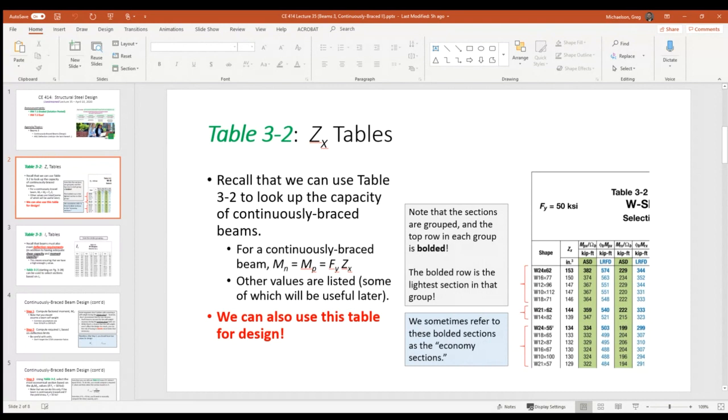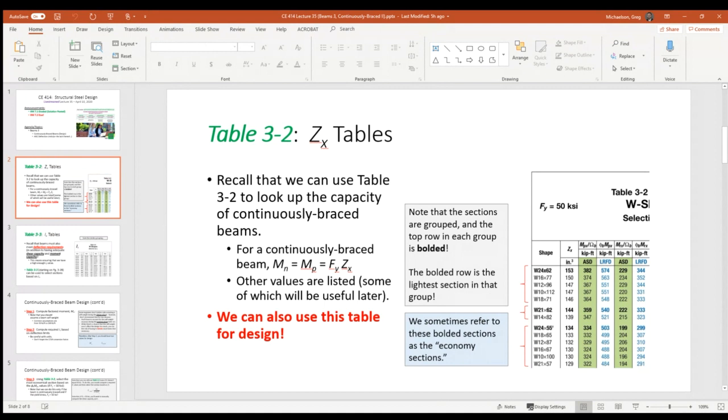The top row is the lightest section within that group. At the very top, we have a W24x62, then a 16x77, a 12x96, a 10x112, and an 18x71. Of those 5 sections, the lightest is the one on top, the 24x62.